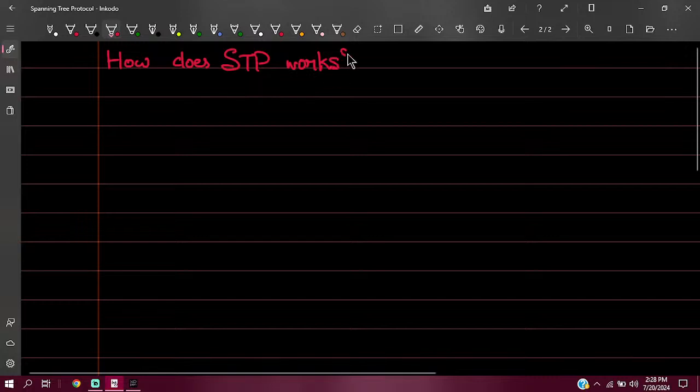To understand that scenario, you will have to understand कि Spanning Tree Protocol काम कैसे करता है. And guys, Spanning Tree Protocol का working शुरू होता है एक इलेक्शन से, जिसके लिए हमें सबसे पहले समझना होगा एक नया फ्रेम.